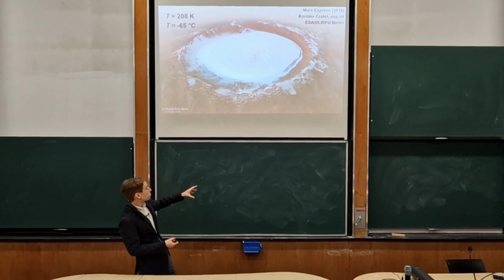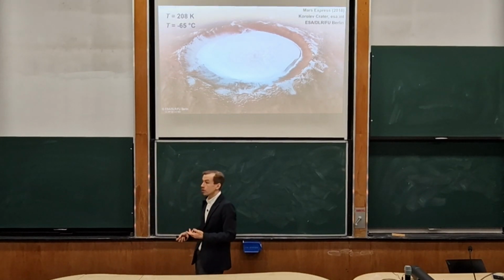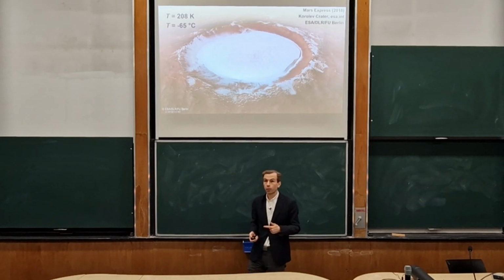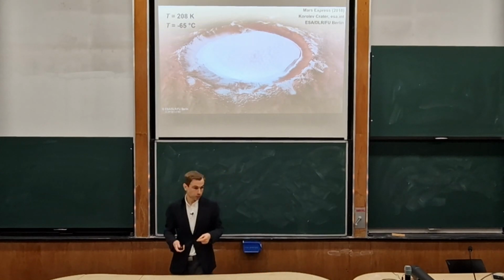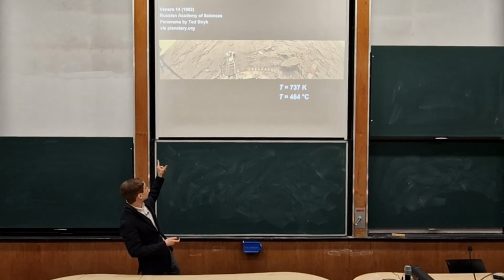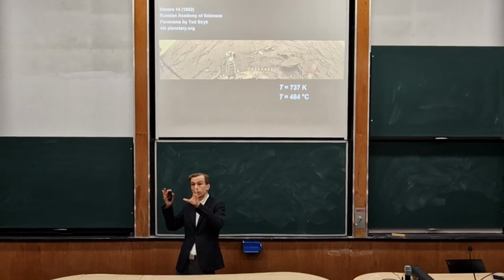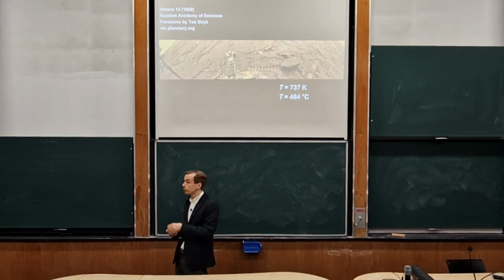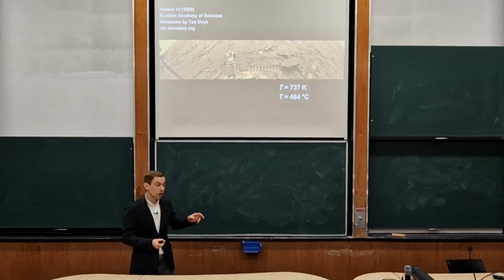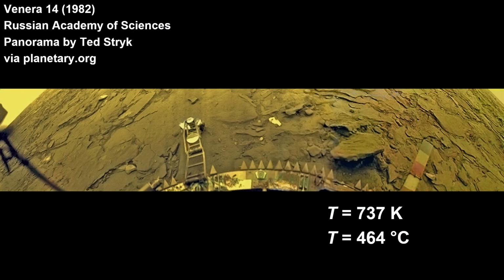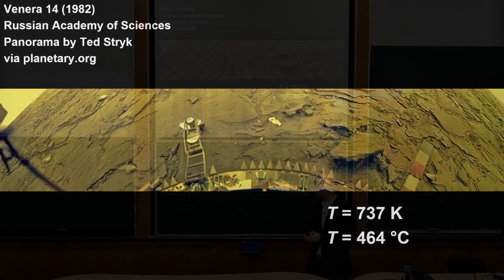So that's Mars. Just for a bit of contrast, let's take a look at Venus. So I've got this photo here. This is a panorama photo assembled from several individual photos of one of the very few probes by the Russian Space Agency to make it all the way down to the surface of Venus. And these probes don't last very long at all when they reach the surface, because Venus is extraordinarily hostile.